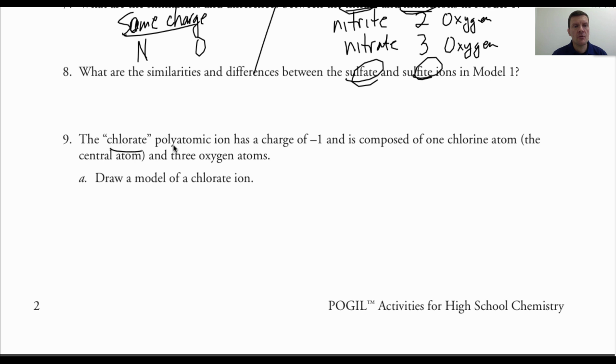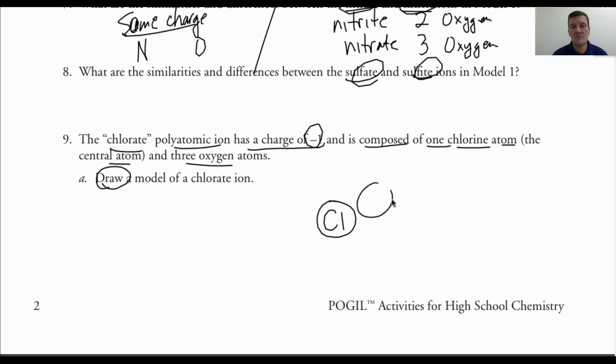Alright. The chlorate polyatomic ion has a charge of -1 and is composed of 1 chlorine atom, the central atom, and 3 oxygens. So if I was to draw that, based upon the others, they're very similar. So chlorate is going to look like this, Cl in the middle, and I'm going to have then 3 oxygens. You might have a little overlapping there to show they're bonded.